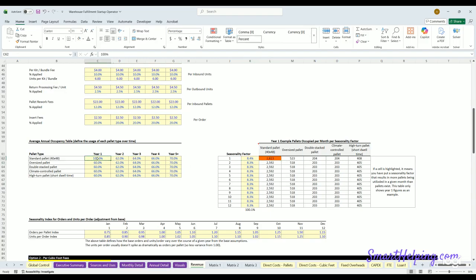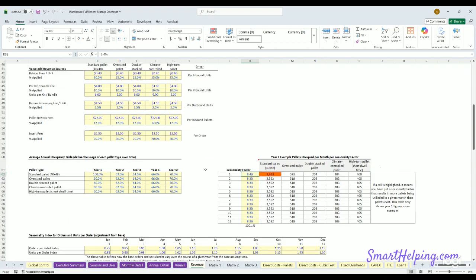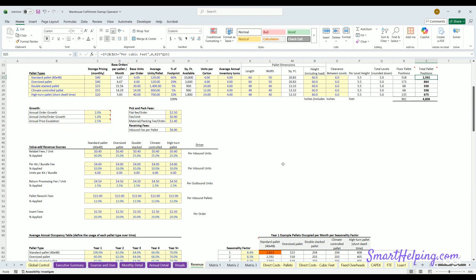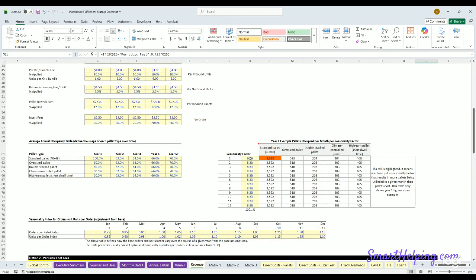Because if it's 100% occupied, that means you're doing your total 2,600 units every single month, so every month should be even to get to that number. Now, it could be less if you had, let's say, 5%, that's fine, but you can't go over 8.3.